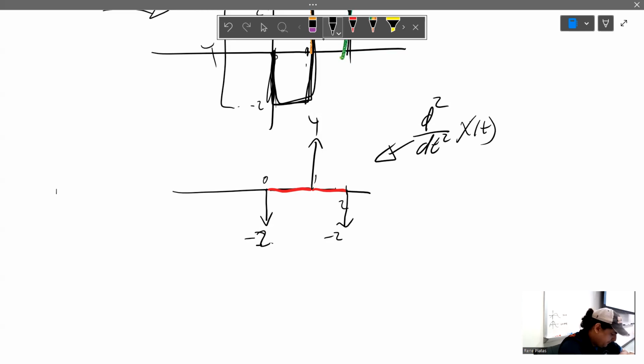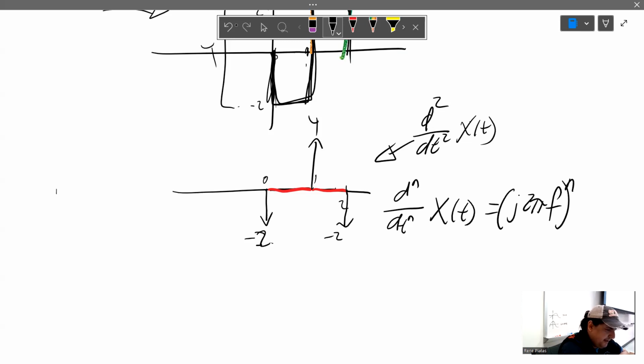So now we look at our table for the differentiation theorem. It states d to the n over dt to the n of x(t) is equal to (j2 pi f) to the n times X(f).